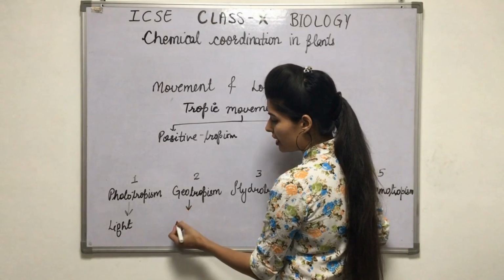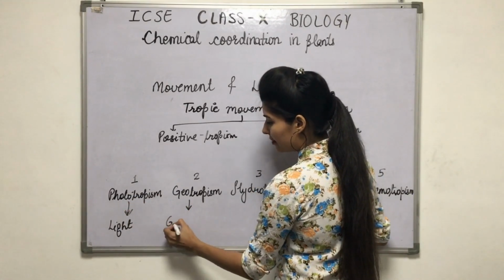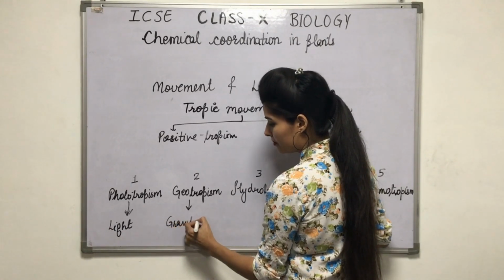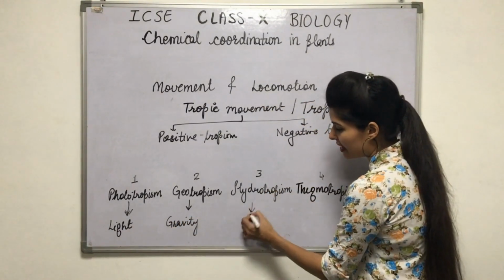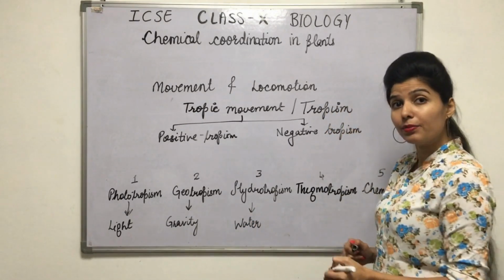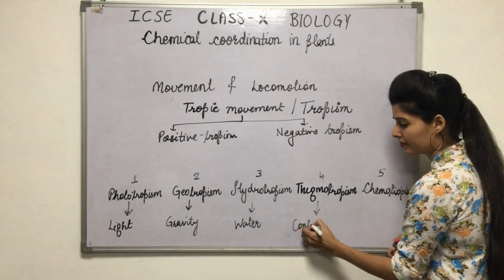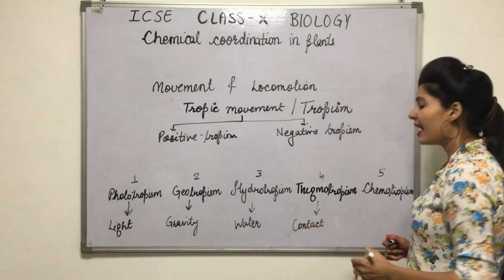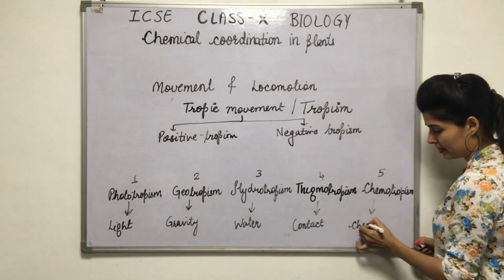Geotropism, the stimulus is gravity. For hydrotropism, the stimulus is water. Thigmotropism, the stimulus is contact. And chemotropism, the stimulus is chemicals.